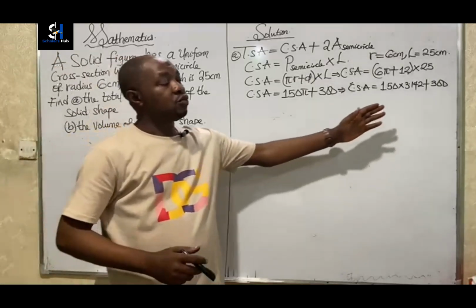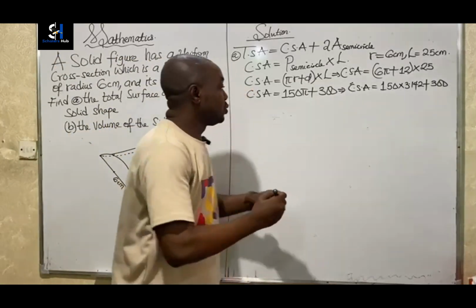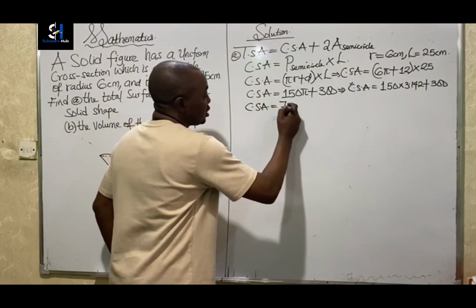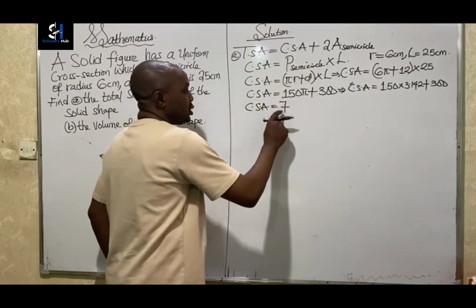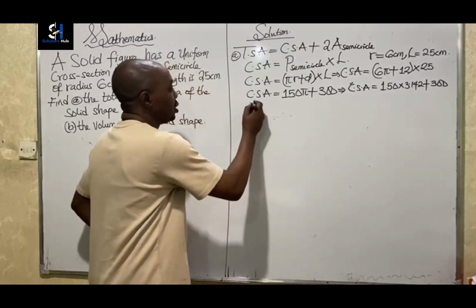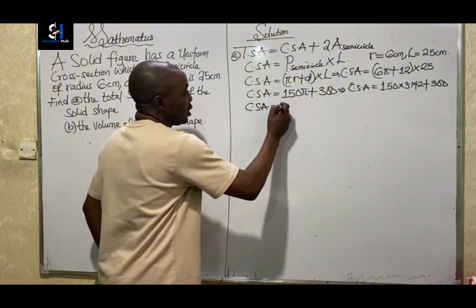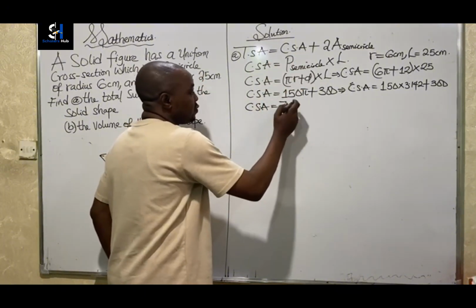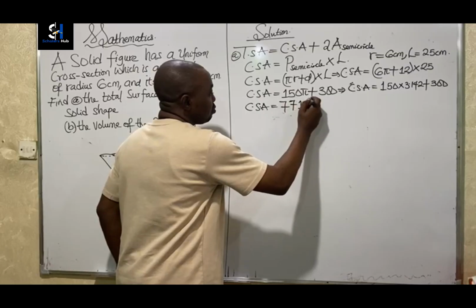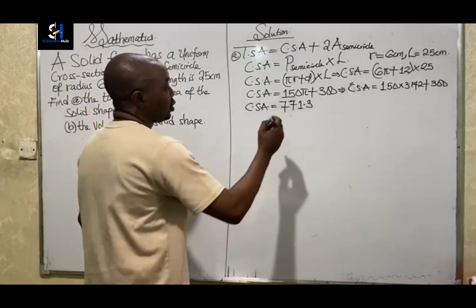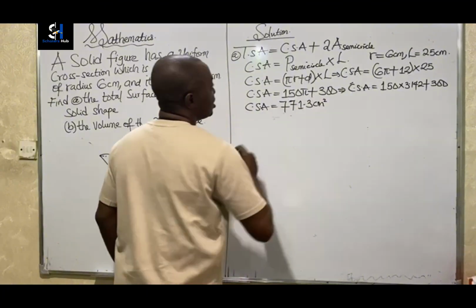When we add 471.3 to 300, the curved surface area is 771.3 square centimeters.